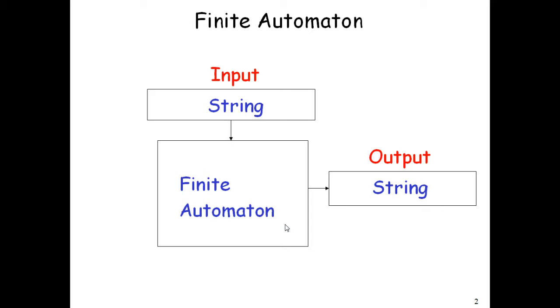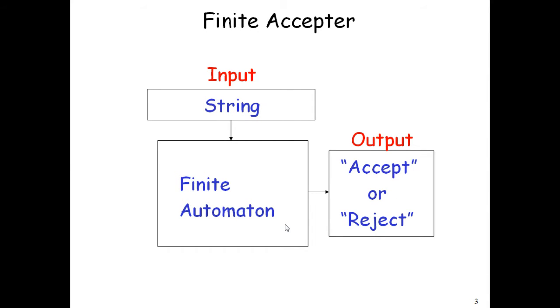But when we want to represent this as a finite acceptor, the output changes. Here we can say that a finite automata takes an input string, and after processing that string, the finite automata can output whether the string is accepted or rejected by the finite automata.